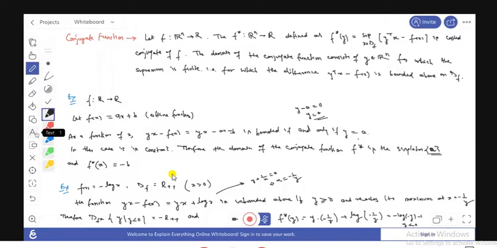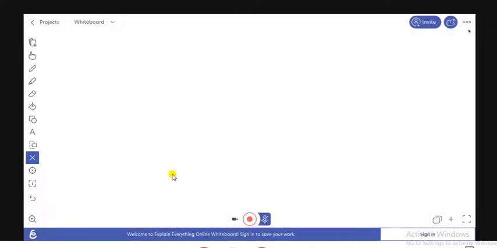Okay, so let us take an exponential function, and then take a product of functions, and try to find the conjugate function. So next page. Suppose you take an exponential function, e to the power x. Okay.